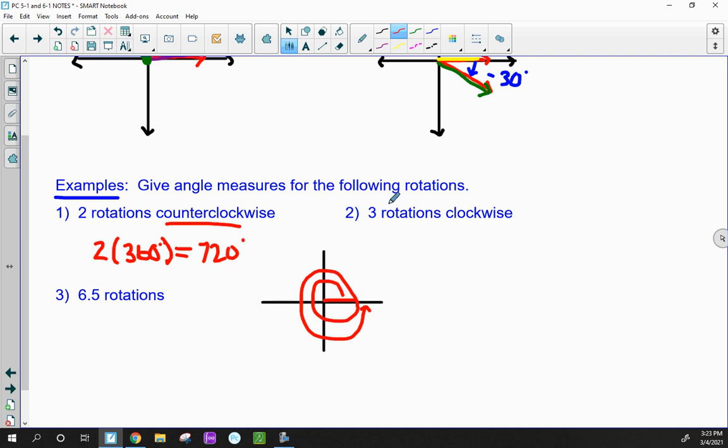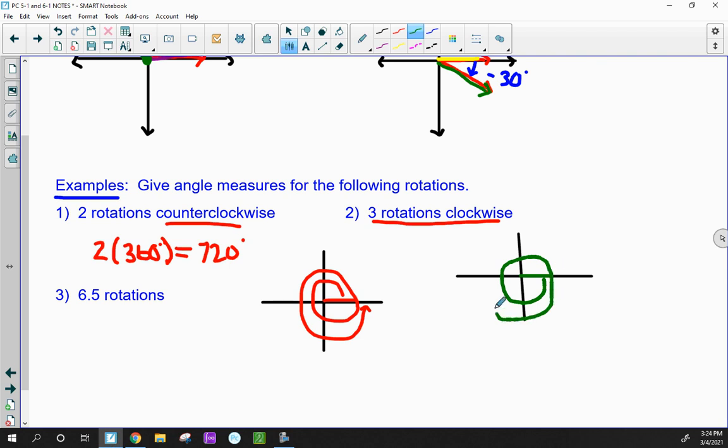Example 2. We have to give the angle measure for 3 rotations clockwise. Again, I want you to picture this diagram. I'm starting with the initial side here. Follow the arrow. I'm going all the way around. When I get back to the initial side, I'm now at negative 360.